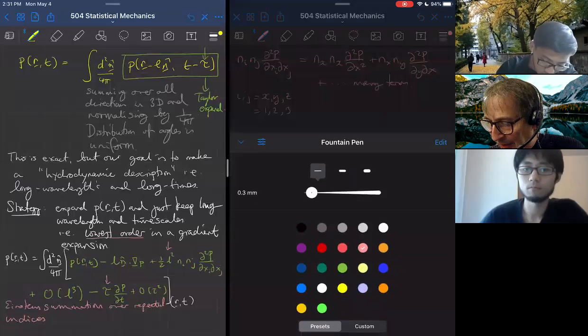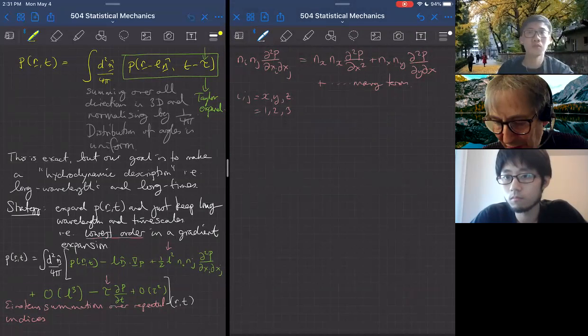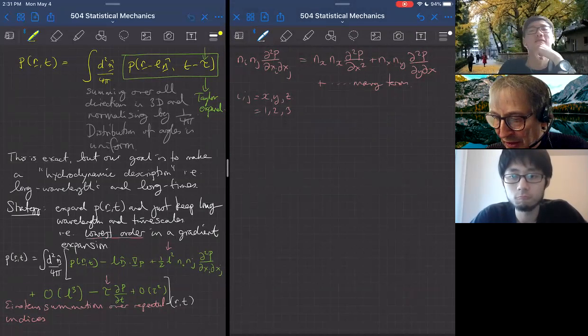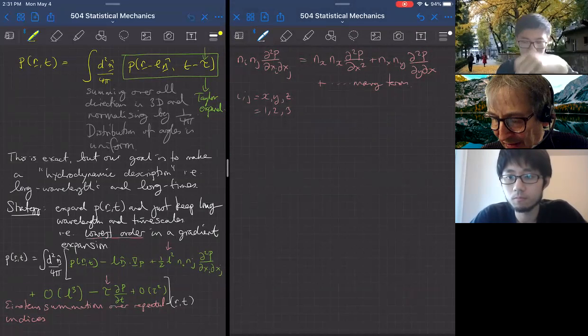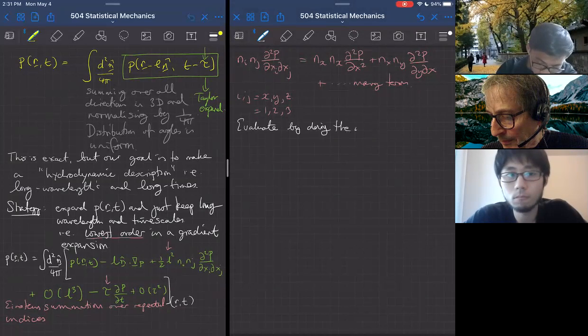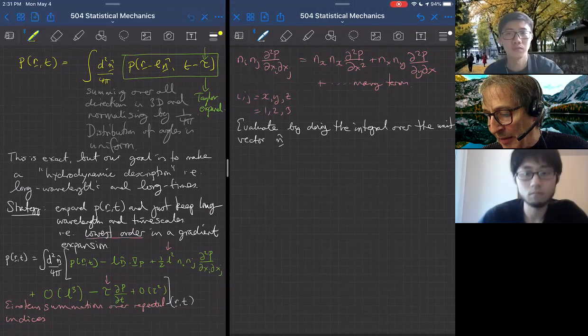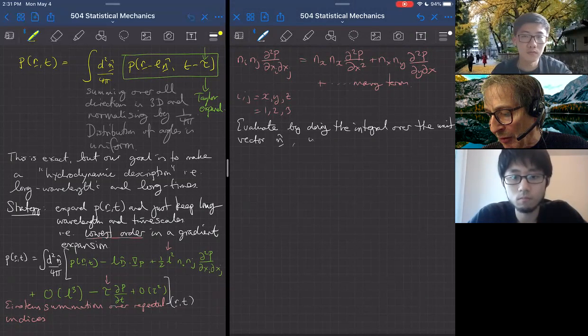So let's now go ahead and evaluate the different terms in this sum. So the way we're going to calculate that is we're going to notice that the terms are different. The integral is just over n. And the integral over the unit vector n is the same thing as an integral over solid angle.